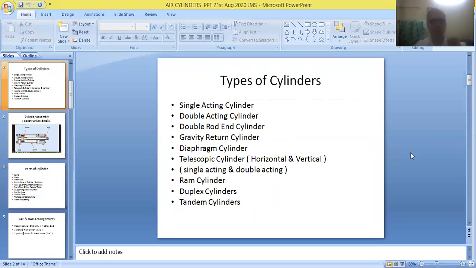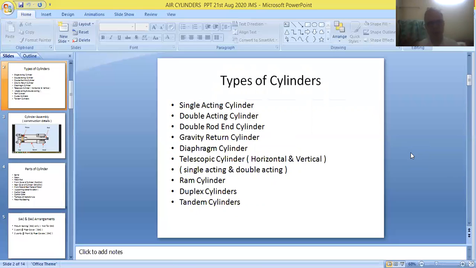So friends, in this session, we have discussed the various types of cylinders: single acting cylinders, double acting cylinders, double rod cylinders, gravity return cylinders, diaphragm cylinders, and of course information is given pertaining to telescopic cylinders. So that and all we will be seeing in the coming sessions.